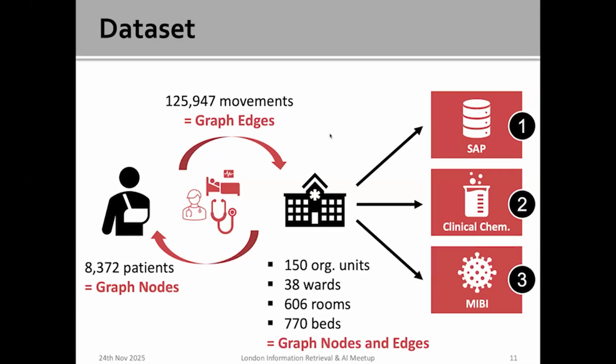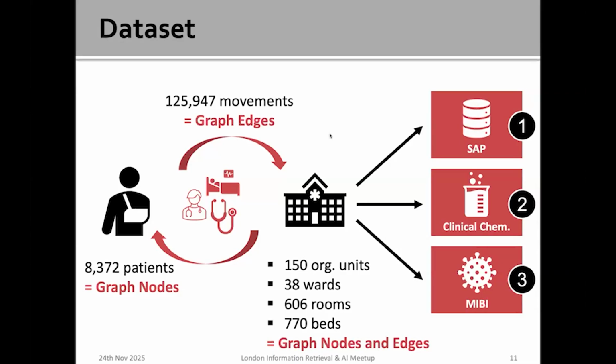And these movements represent the edges in our graph, like the relationships between patients, or between the spatial units of the hospital. In our data set, these were around 126,000 movements. To complete this graph, we also need the hospital information itself. In our case, we have 150 organizational units, which can be surgery rooms, examination rooms, stuff like that.